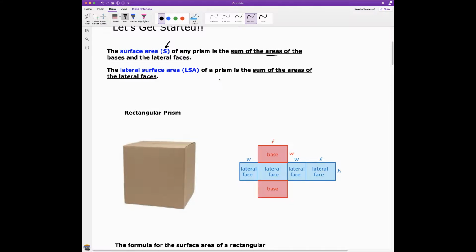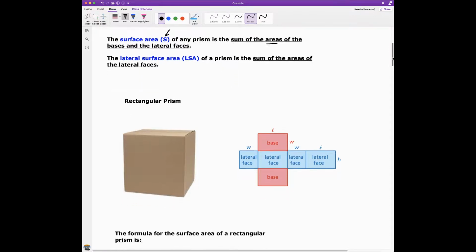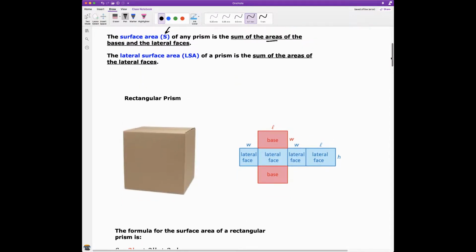So the lateral surface area of a prism is just the sum of the areas of the lateral faces. And I have an example down here. I've got a box. How many faces are there on this box? So let's count them. There's one on top here.